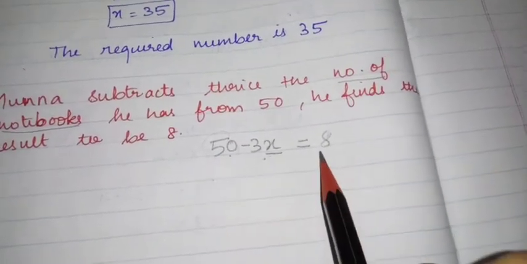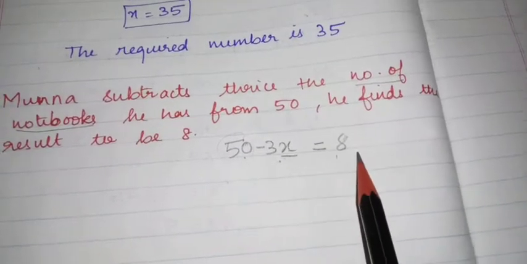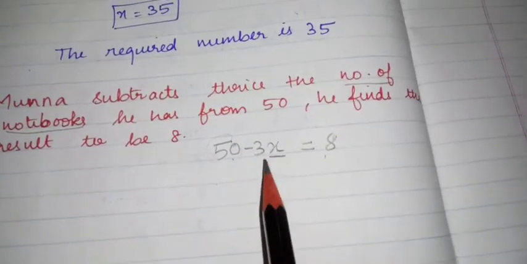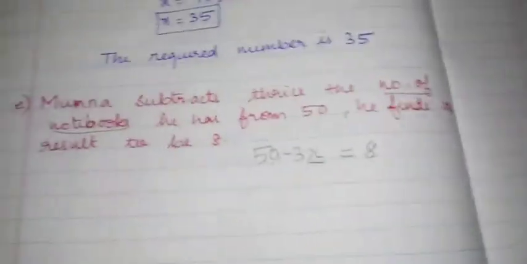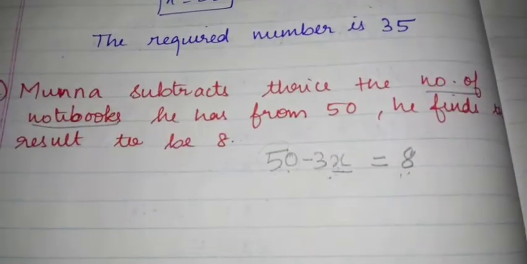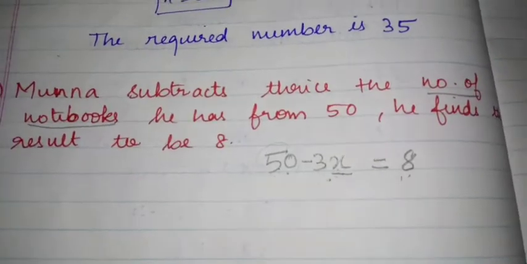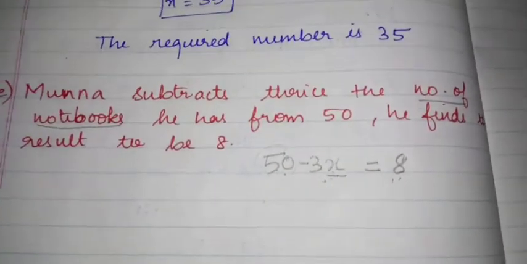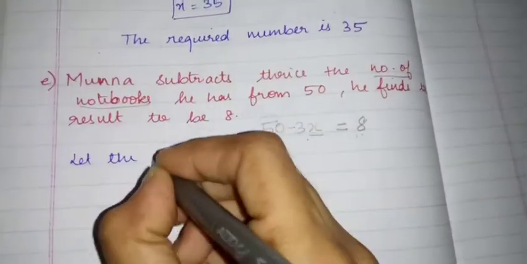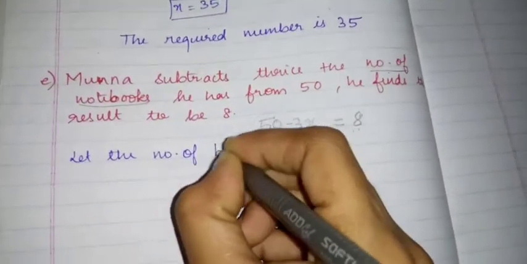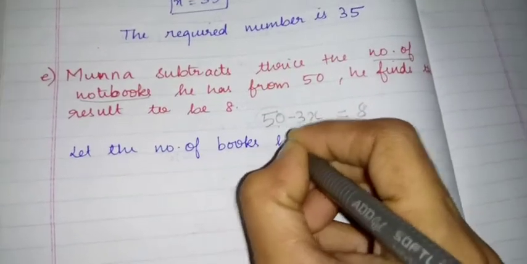He finds the result to be 8. So the answer which you are getting is 8, so equal to 8. Okay, this is how you should frame the equation. Now, what will I take as x, children? Let the number of books be x.